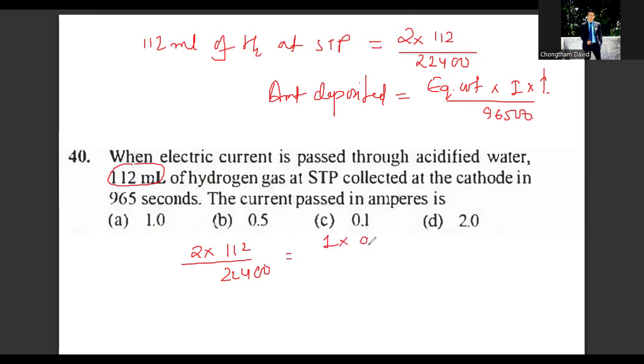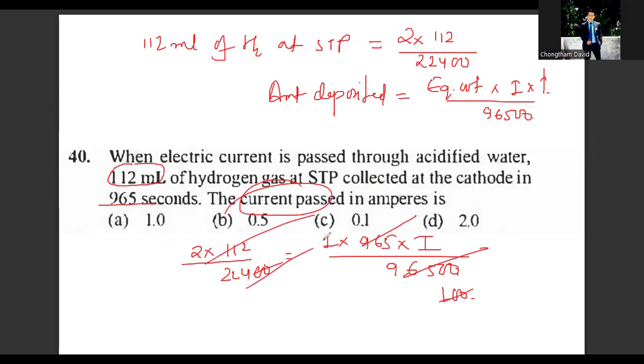Equivalent weight is 965 seconds into current, which is what the question is asking, by 96,500. So you can cancel this. What is the answer for this? 1 by 100, right? Cancel this again. You can also cancel this. 224 equals 2 into 112. So the current is 1 ampere. Option A is the answer to question number 40. I hope it is understood.